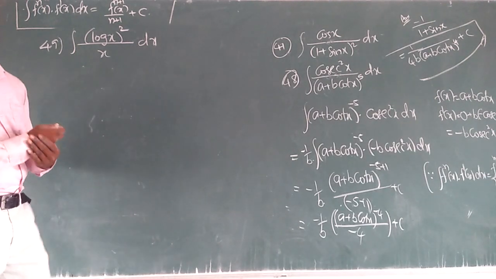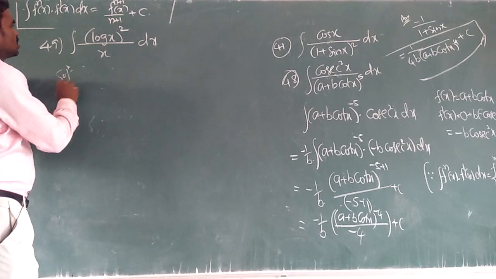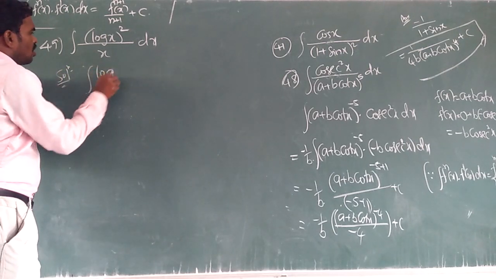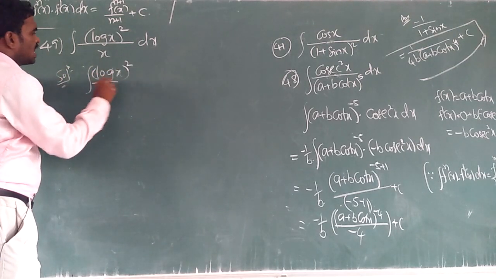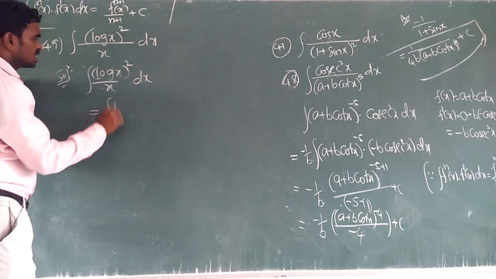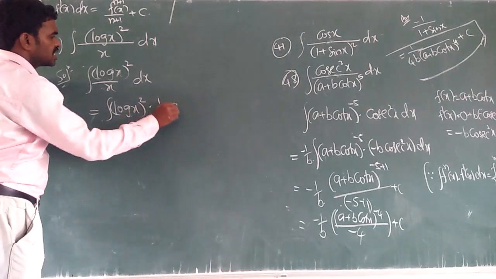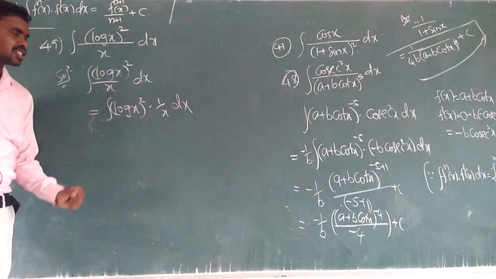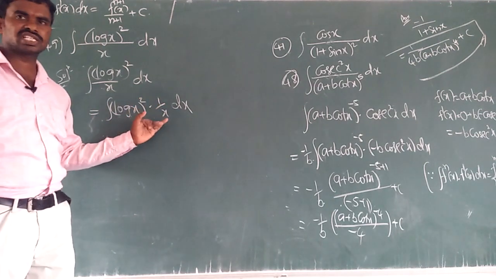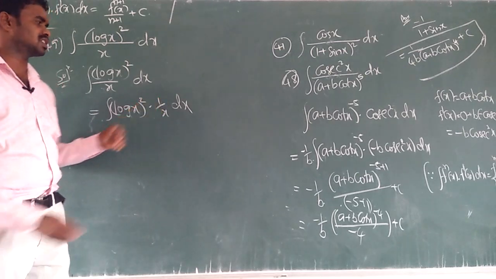The given question is (log x) whole square by x dx, which can be split as (log x) whole square into 1 by x dx. Now I think you can understand that the derivative of log x is 1 by x. That's why this is f of x and this is f dash of x.